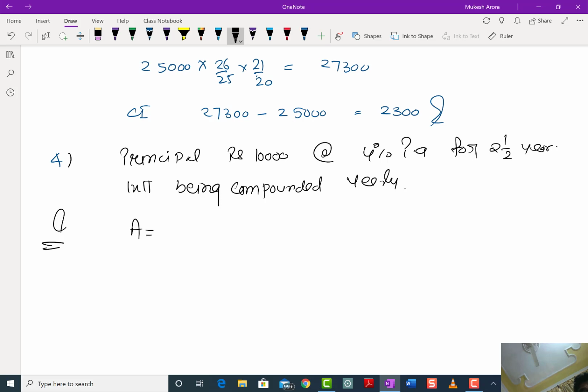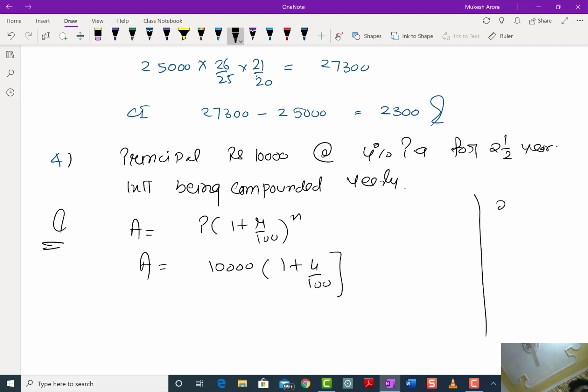So amount is equal to P into (1 plus R upon 100) raised to the power n. Principal is 10,000, rate 4%. Now if you see here, this is 2 full years and half a year. For the 2 full years we take (1 plus 4 by 100), which is 1 plus 1 by 25, squared. Now we are left with half a year.